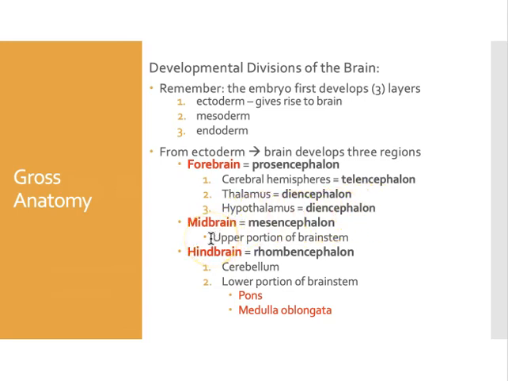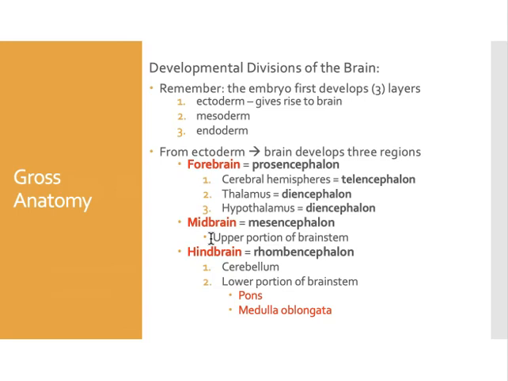In other words, what we call the midbrain of the brainstem corresponds to the midbrain in the developing fetus. The midbrain also is referred to as mesencephalon. And finally, there's the hindbrain, or the rhombencephalon.